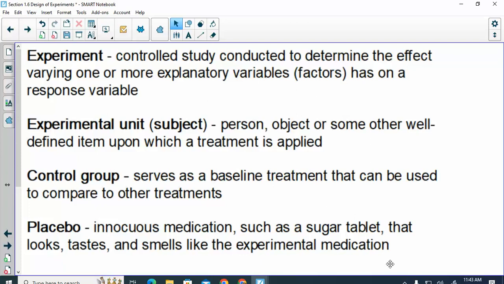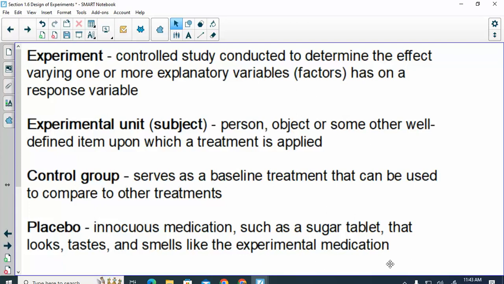Would I want to tell them, you're just getting a sugar pill, you're not really getting the real drug? No. But would I need to know which one they're getting? Probably. So they don't know which one they're getting, but I, as the person conducting the experiment, do. Because at the end, I have to be able to see, did the pill work or not.